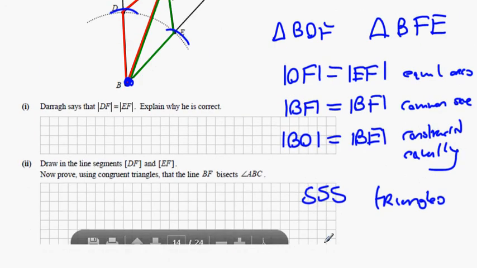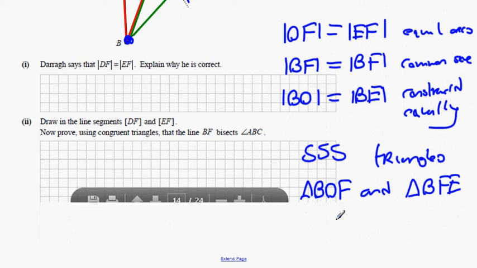Triangles BDF and BFE are congruent. Okay. Proof that BF bisects ABC.